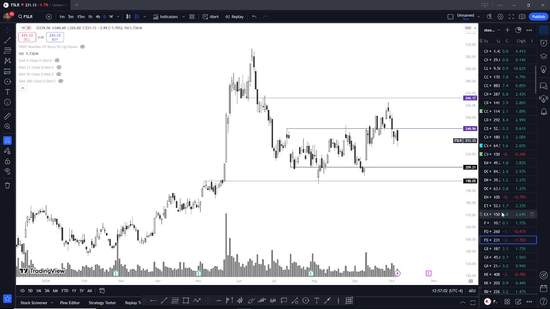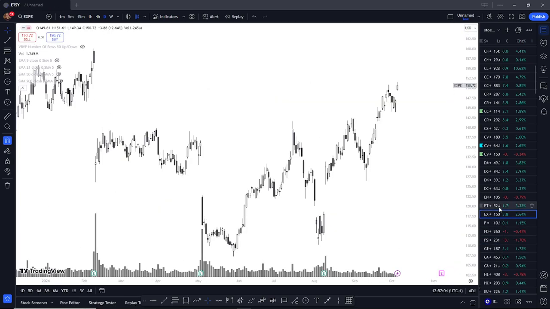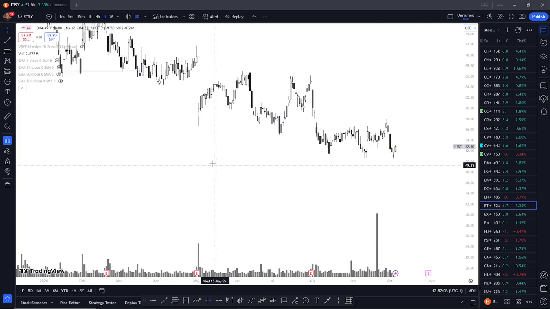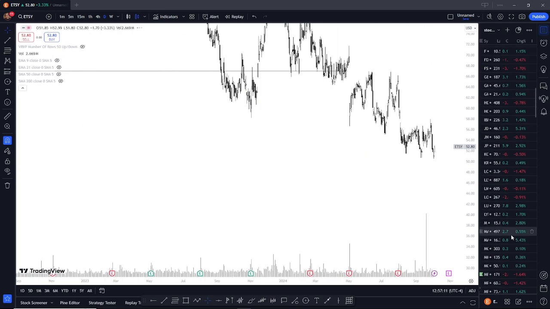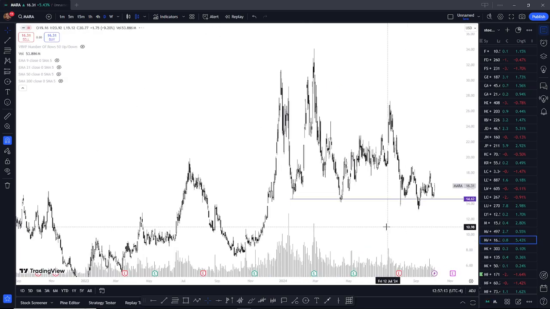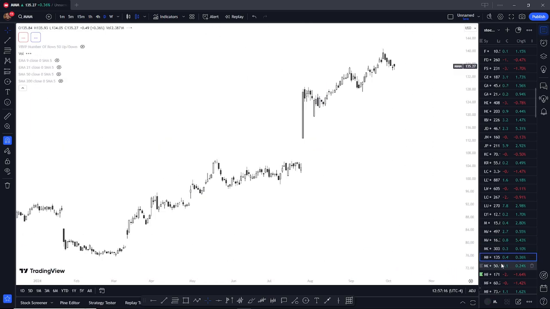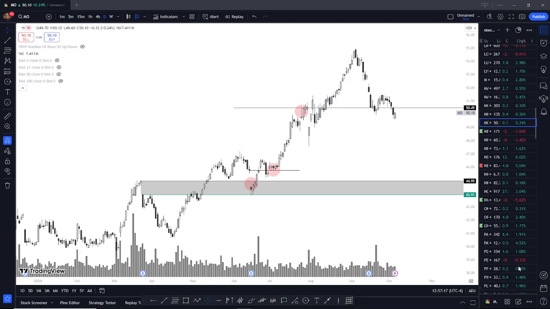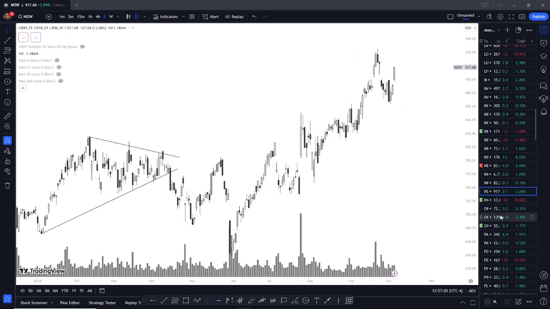Etsy got hammered. Jeez. I think crypto is going to catch a bid, but I don't really like trading miners.